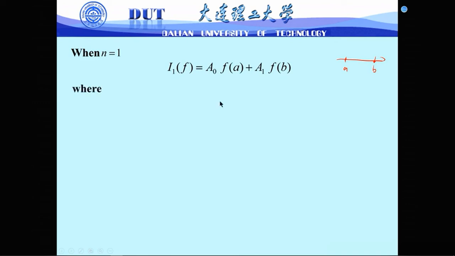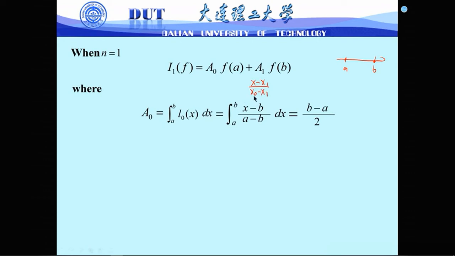It's okay? So what is a_0? We know a_0 is the integral of l_0(x). What is l_0(x)? Remember, this is the linear Lagrange interpolation basis function, right? So it should be (x minus b) over (a minus b). Remember? Because here that means (x minus x_1) divided by (x_0 minus x_1).